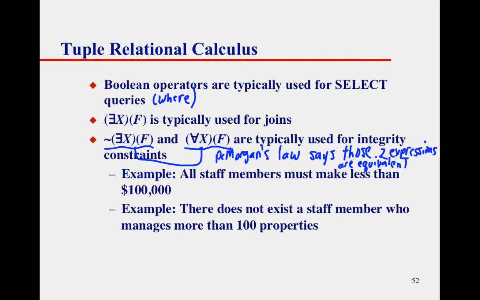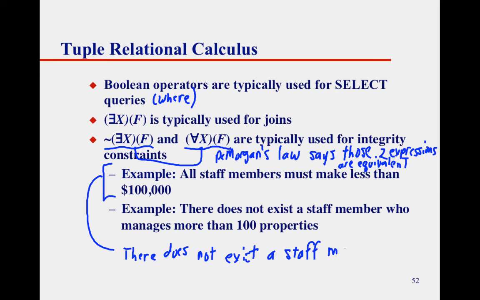Okay, so those two formulas are both, so the first one says all staff members must make less than 100,000. The second one, but I could equally well say there does not exist a staff member who does what?